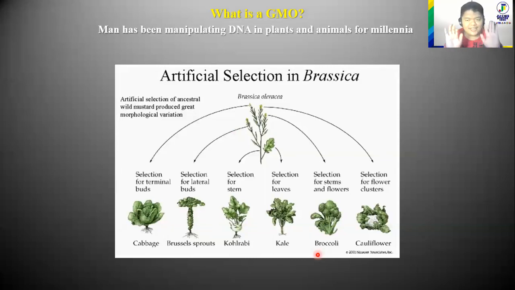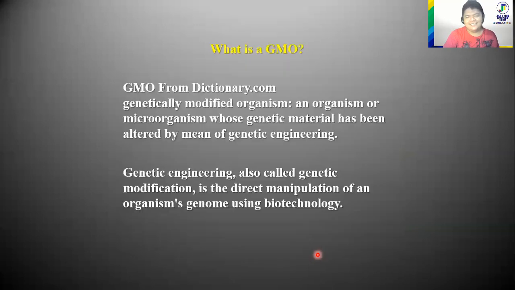So again, I'm showing you now, you culinary students, hospitality students, or even tourism students, that these vegetables are actually the same species, the same plant. Something to blow your mind.